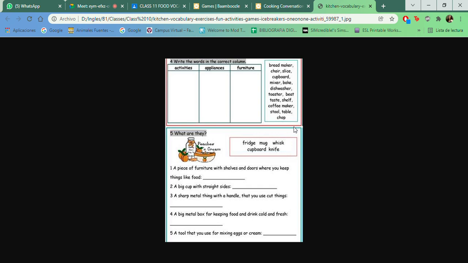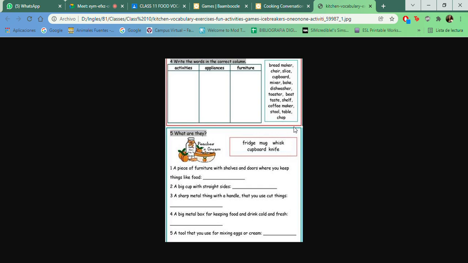The shelf. Coffee maker is an appliance because appliances will be the things that you need to cook. Okay. Sorry, the stool. You said. Yes, very good. Those are the pieces of furniture. That's all, I think.